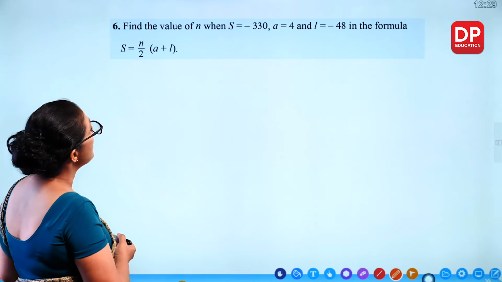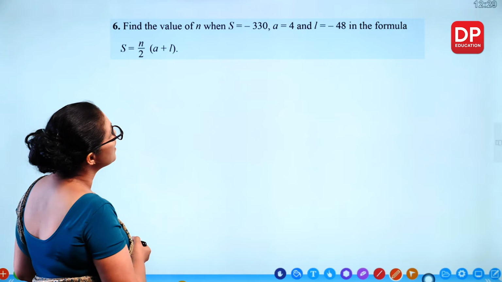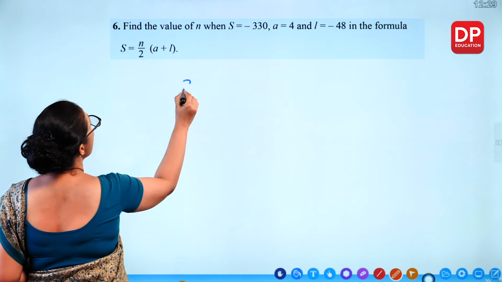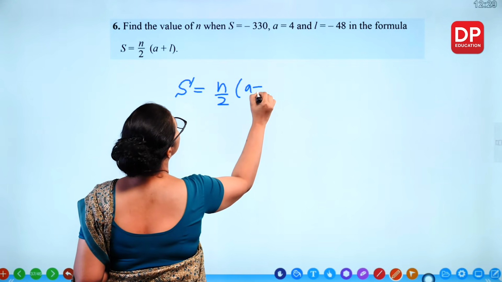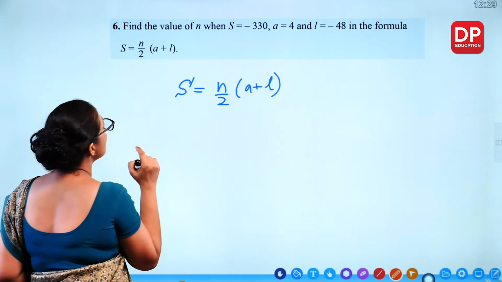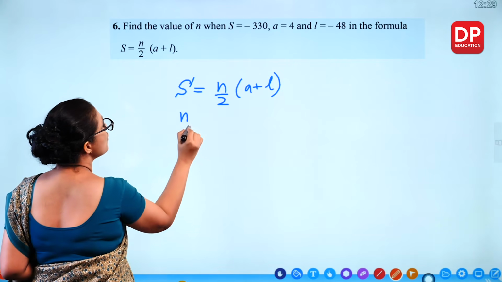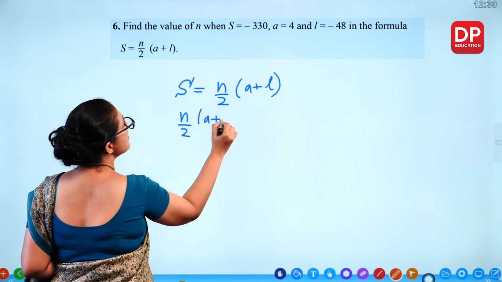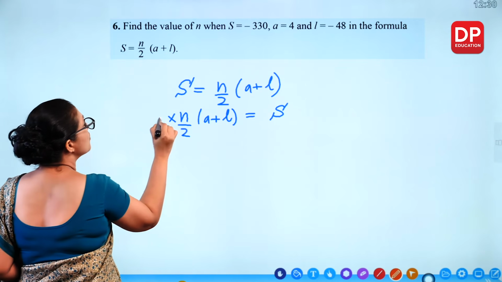Find the value of n when s equals minus 330, a is 4, l is minus 48 in the formula s equals n over 2 times (a plus l). You need n. So how do you make n the subject of the formula? You can write it this way. Multiply by 2.